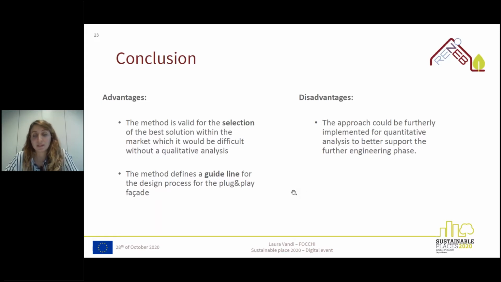The disadvantage is that the approach is just a qualitative approach, and it should be further implemented with a more quantitative approach, especially for the engineering phase.